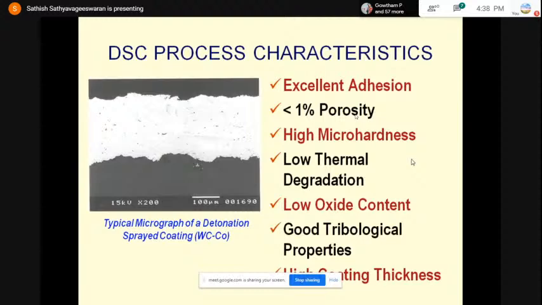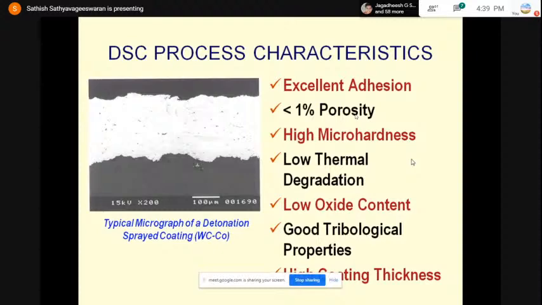Another important thing is that you can expect oxide inclusion, especially if you go for plasma spraying. Definitely some oxide inclusion will be there, because as I told you, the molten metal, when it is coming out from the plasma flame, has the tendency to interact with the environment.